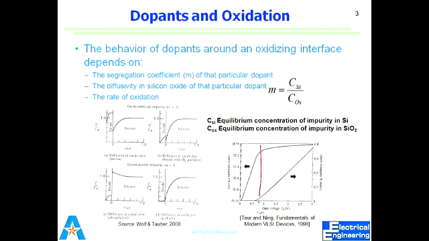So assuming m is equal to 1, due to the change in the volume, because oxide has 2 times the volume as compared to the silicon that is consumed, even if the segregation coefficient does not play any important role, the impurity concentration will go down, because oxide needs an extra, same amount of impurity or dopant concentration to make silicon dioxide.